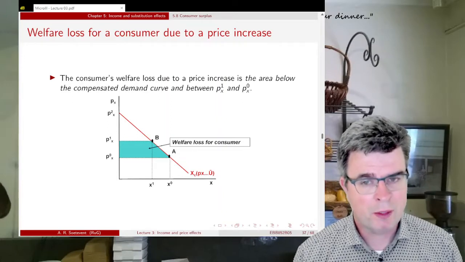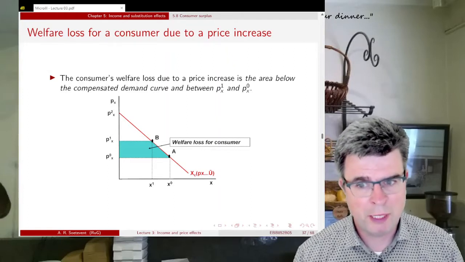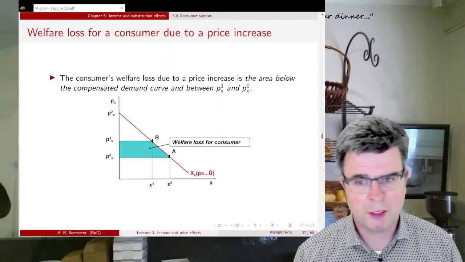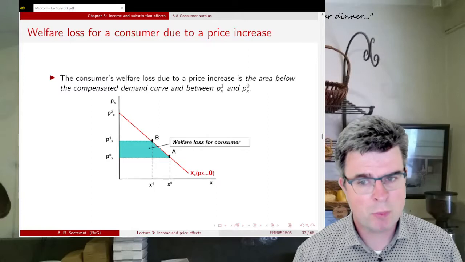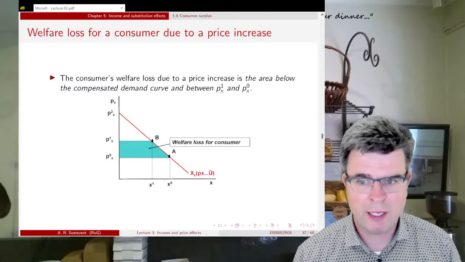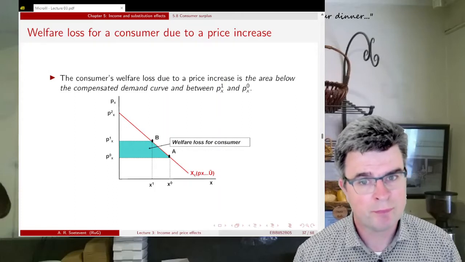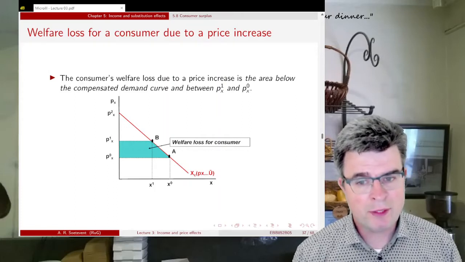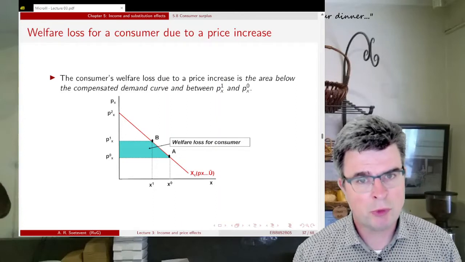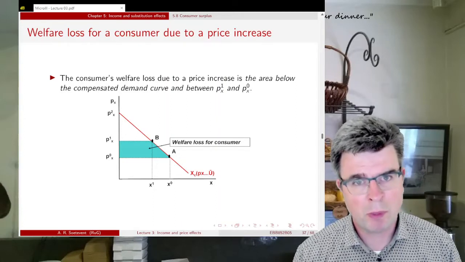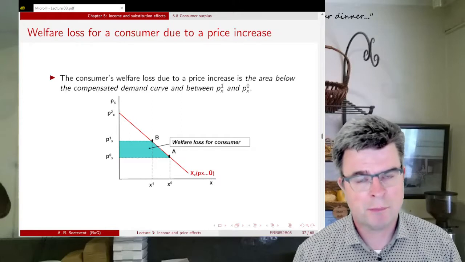So compared to the situation where he would be able to buy good X at price P0, the welfare loss will be identical to this entire triangle that runs from A to P0 to P2. So this is the welfare associated with the opportunity to buy at price P0.